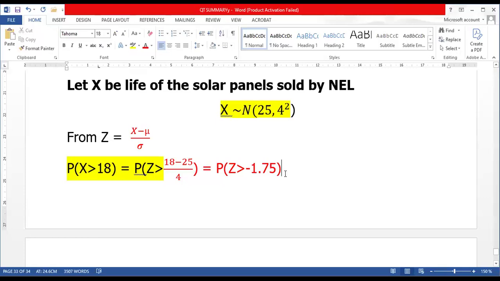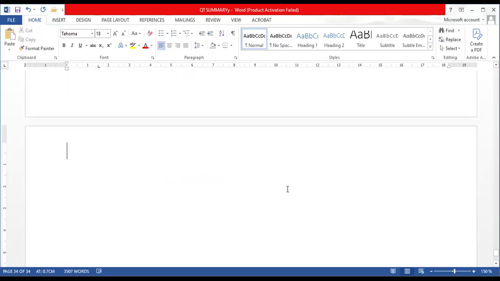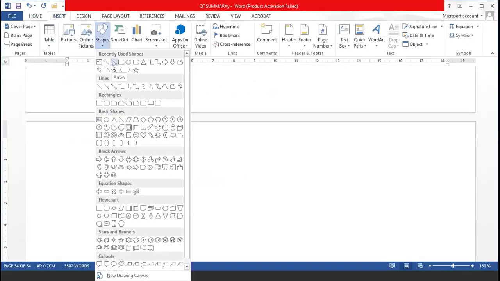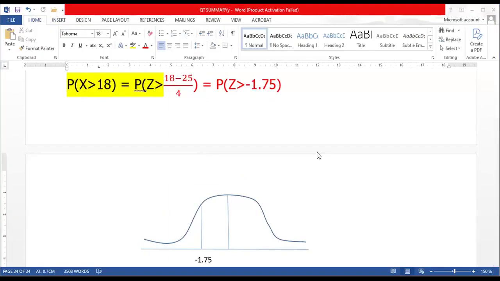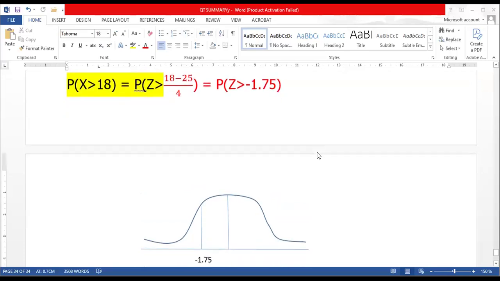The moment you have this, recall that we are dealing with a bell-shaped curve. You shade the wanted region. Where is the wanted region for this one?